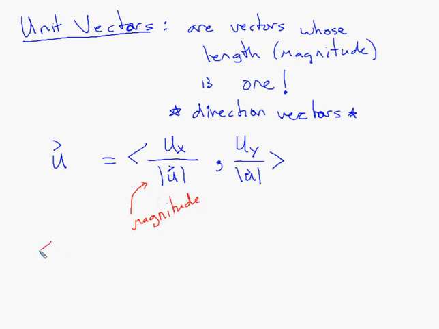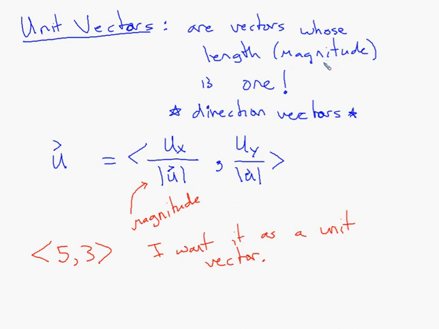So let's say I have this vector, 5, 3. And I want the unit vector. So that's going to change the magnitude. Magnitude is going to become a 1.